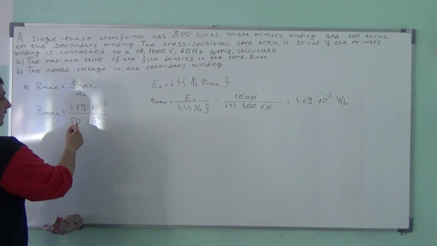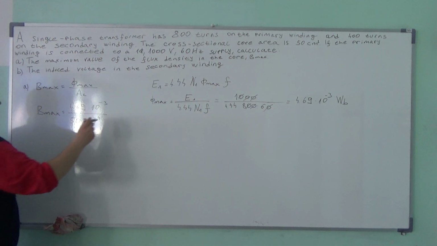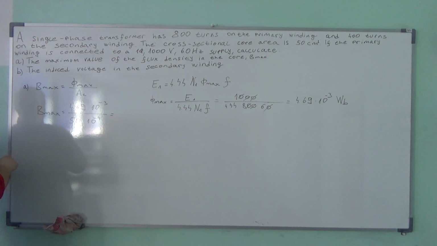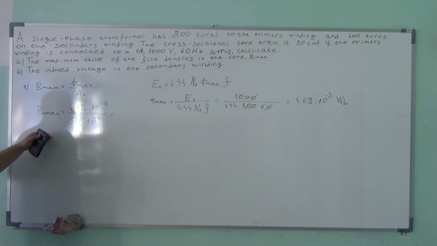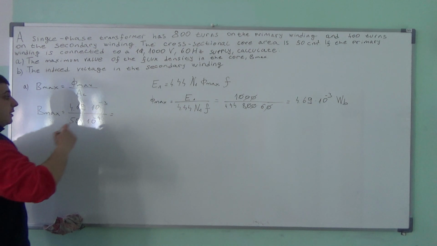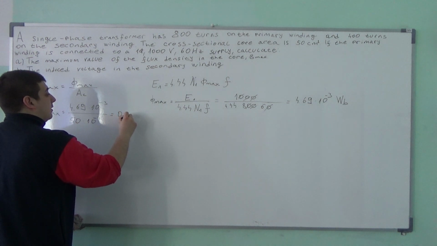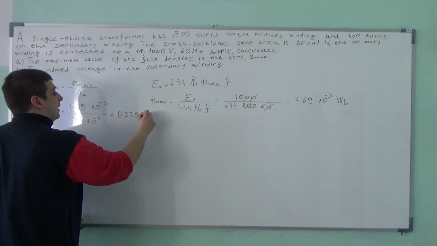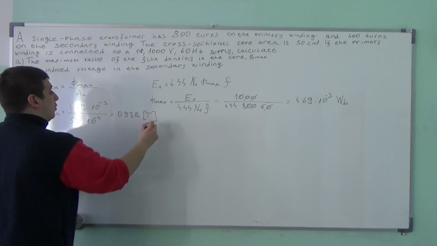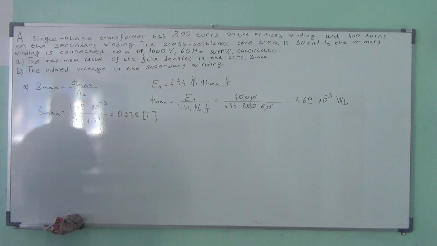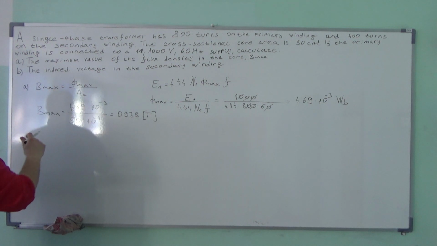And when I calculate this, I get that the maximum flux density in the core is 0.938 teslas. So this was for the maximum flux value of the core.